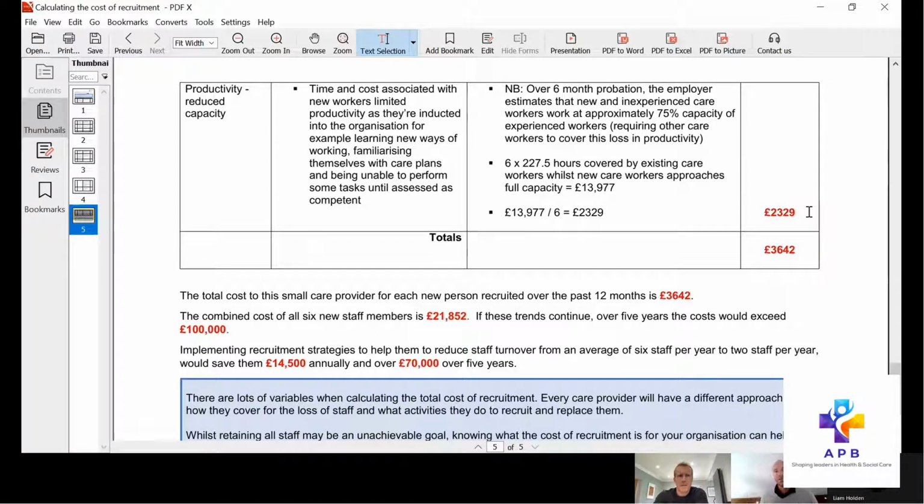Meaning that other members of staff are picking up that slack, whether it's through paid overtime or not. The work has to be done by somebody. It's obvious. You think about being new in a business or an organisation, with the best will in the world, you'll go away and try something after being shown once or twice.